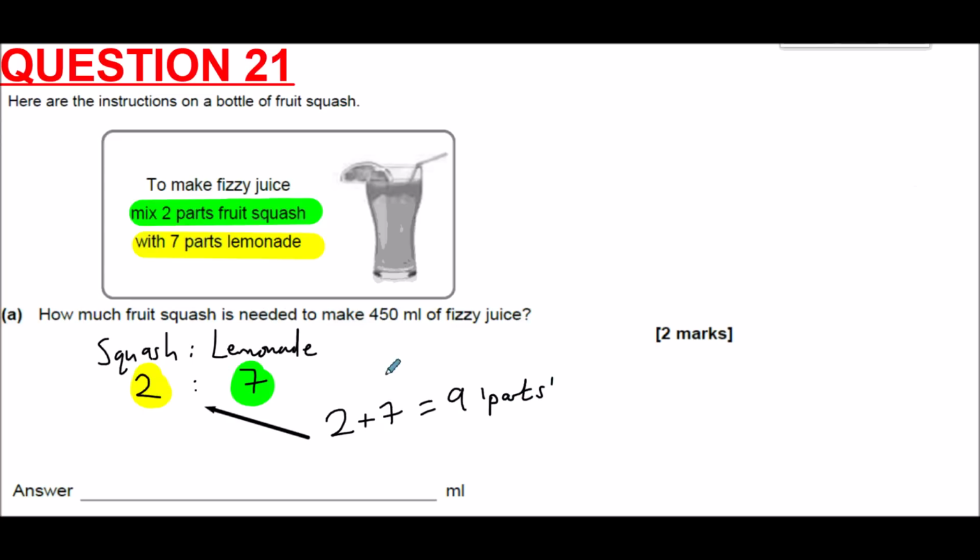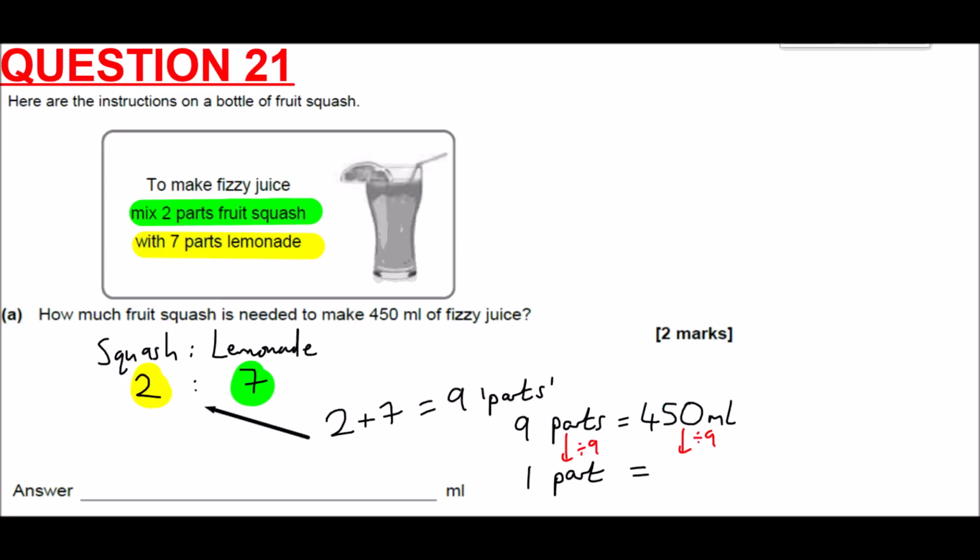And those 9 parts mixed together needs to give us 450 mils of fizzy juice in total. So if 9 parts equals 450, we can work out what 1 part's worth by just dividing by 9. If we divide 9 by 9, we get just 1 part. So if we divide this side by 9, to keep the proportion correct, we need to divide this side by 9 as well.